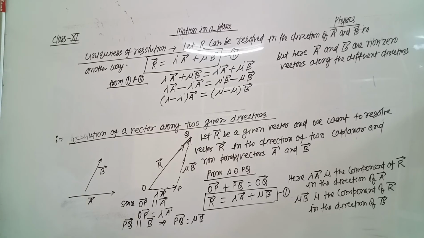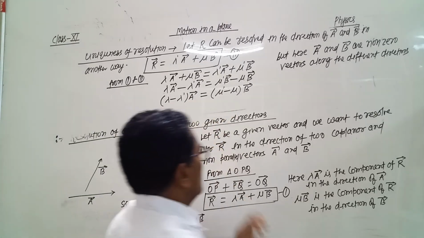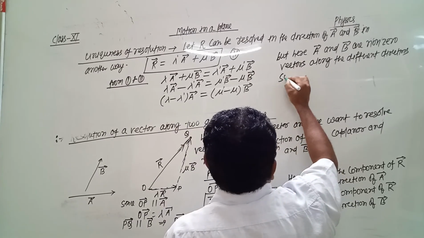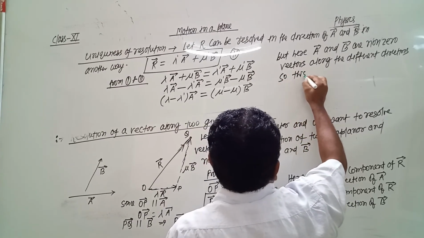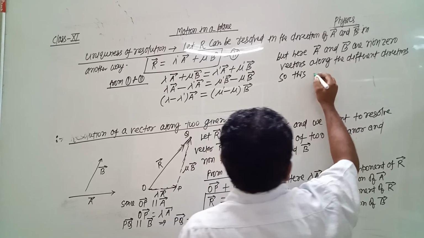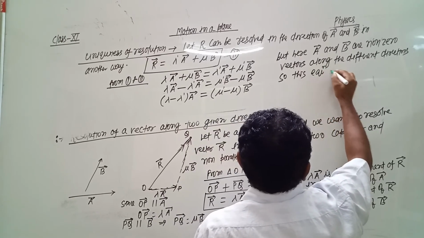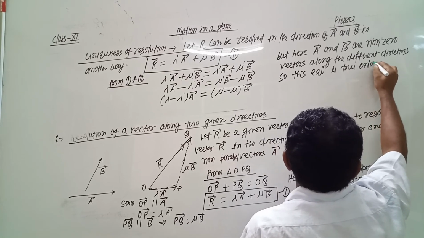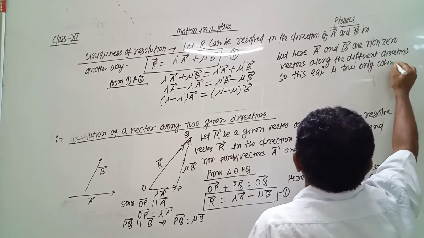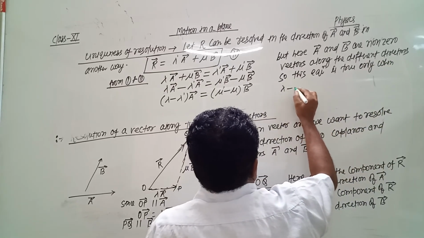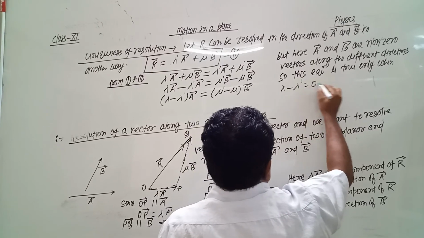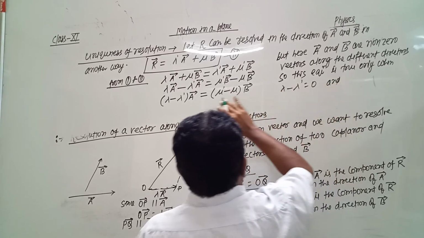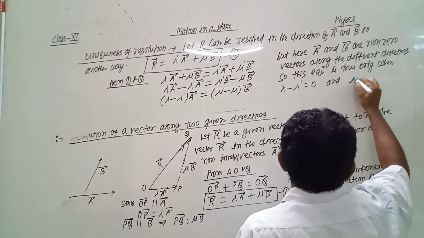So this equation is true only when lambda minus lambda dash equals 0 and mu dash minus mu equals 0.